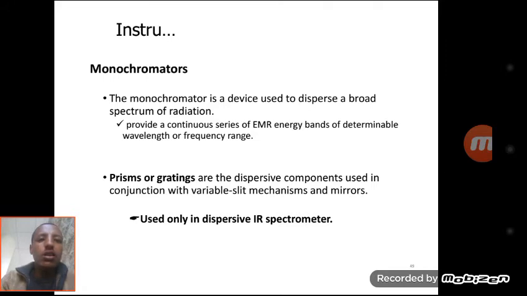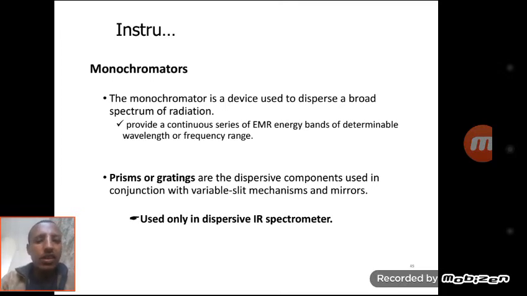Because the monochromator disperses the radiation source into its components based on wavelength or frequency, we can change the exiting light and select one of the wavelengths of interest at which the analyte shows maximum absorption. This is used for separation of the wavelengths of interest, so the monochromator is a very important device in spectroscopy.